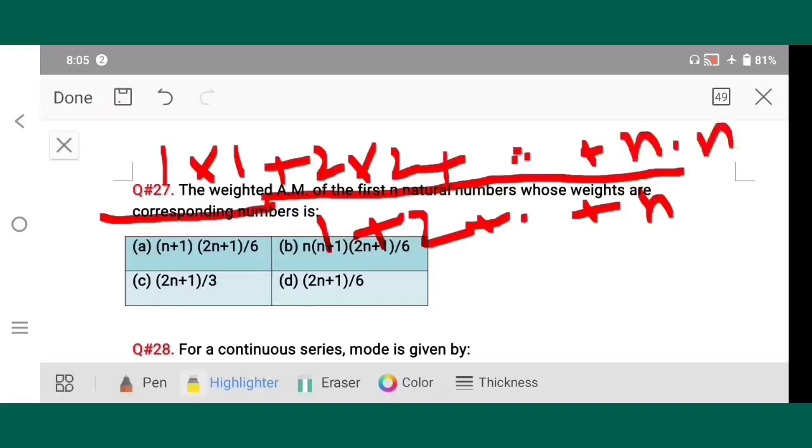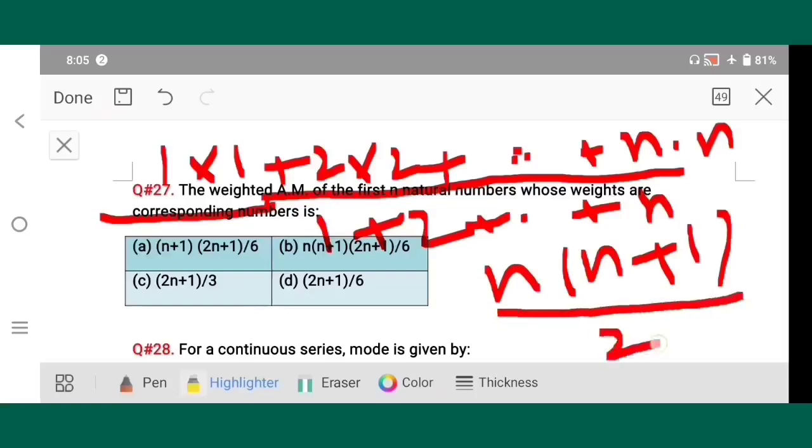So as we know that 1 plus 2 plus up to n, that is the sum of the first n natural numbers, is n into n plus 1 divided by 2. So we are going to find the quantity in the numerator.